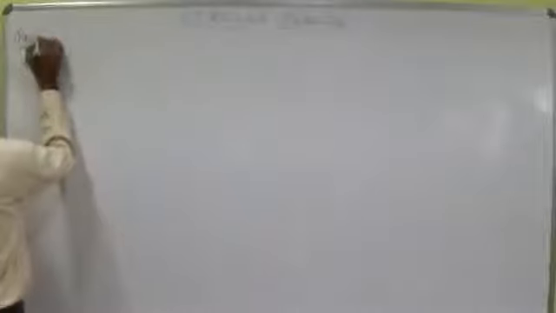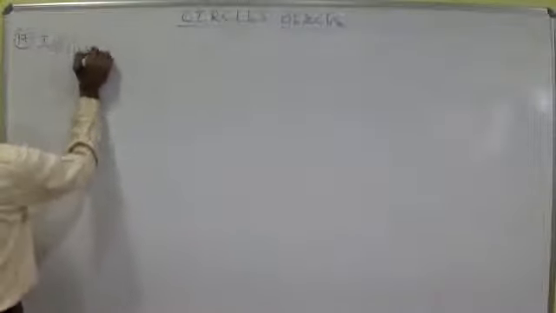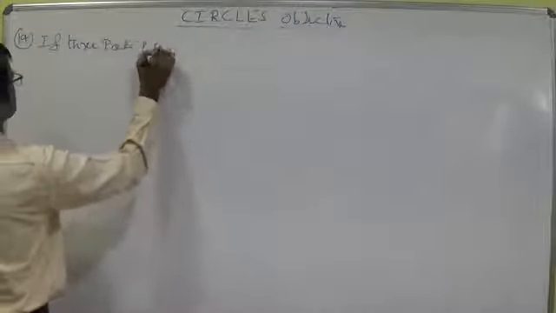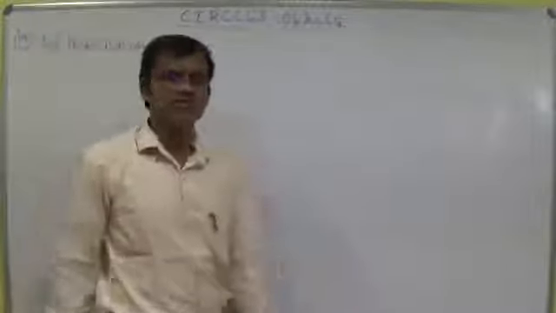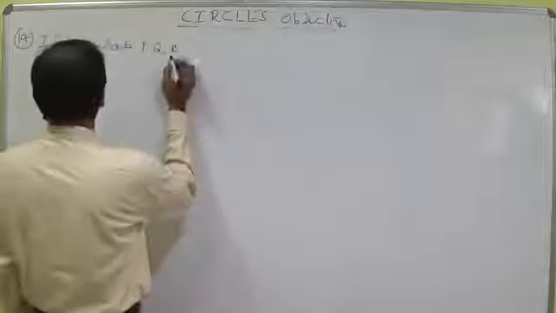14th question, 14th synopsis. If 3 points P, Q, R are in the plane of a circle, whether it is outside or inside or anything, no need to discuss the position.